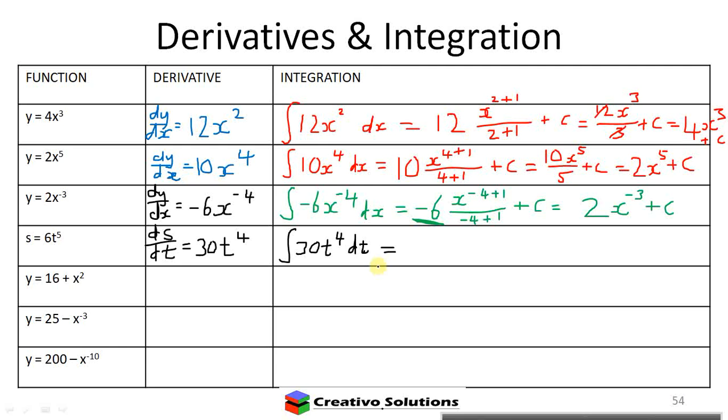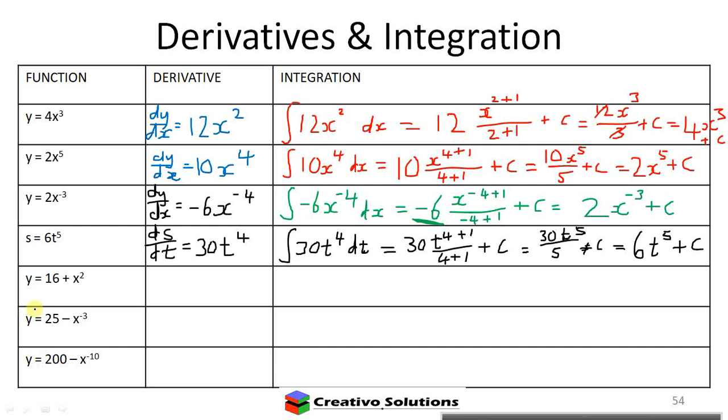Okay, obviously it will be 6t to the 5, but we need the middle step. 30t to the 4 plus 1, not minus 1, 4 plus 1 I mean, over 4 plus 1, plus c equals 30t to the 5 over 5 plus c equals 6t to the power 5 plus c. See, that's how you do it. Okay, so it's the same process time and time again.